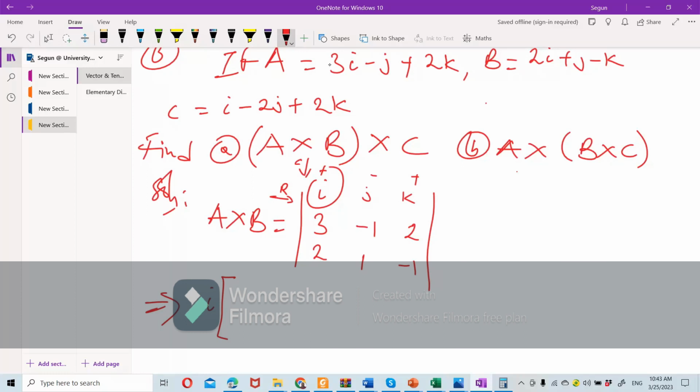So I'm left with -1 multiplied by -1, minus 2 multiplied by 1. That is this multiplied by this, and this multiplied by this. So that is what I did. So don't forget this is negative here. Put the negative here. J.